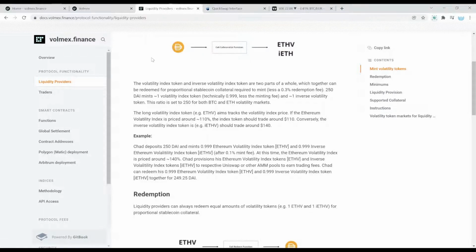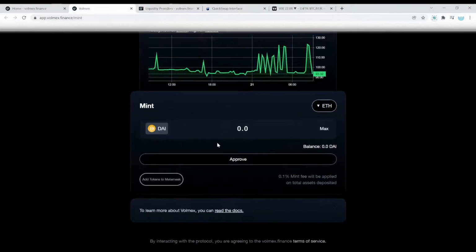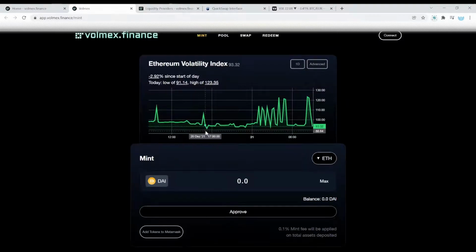So what we can do is we can mint an equal amount of those tokens, okay? And since they are volatility and inverse volatility, of course, the overall value of those tokens always stays pretty much the same, right? Because if volatility goes up, then the volatility token gains value, and the inverse volatility token loses value, right?